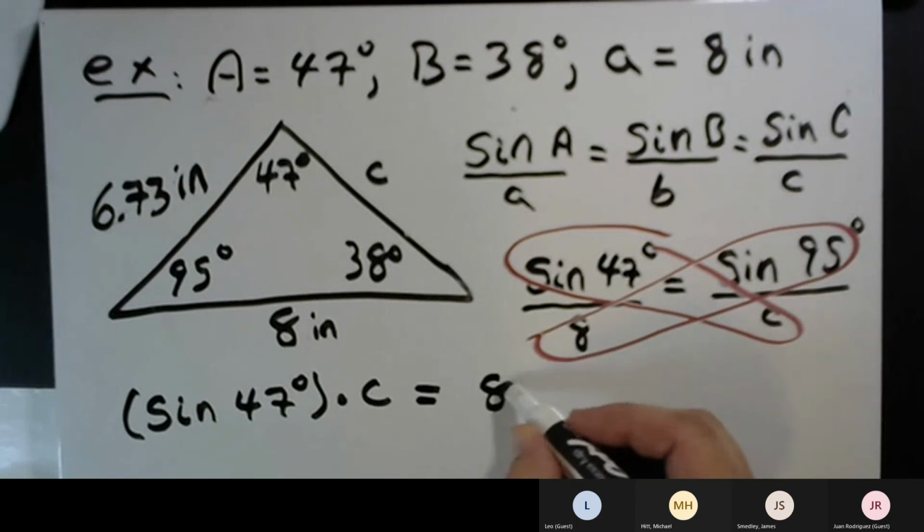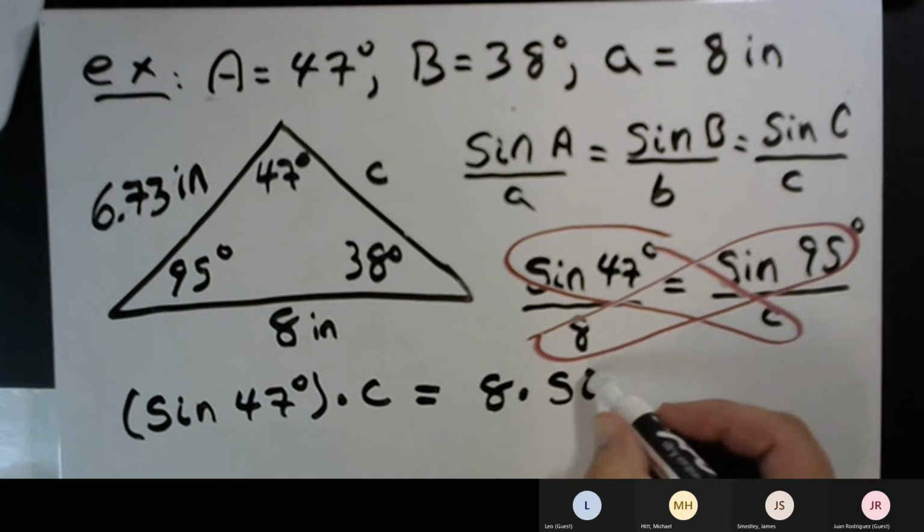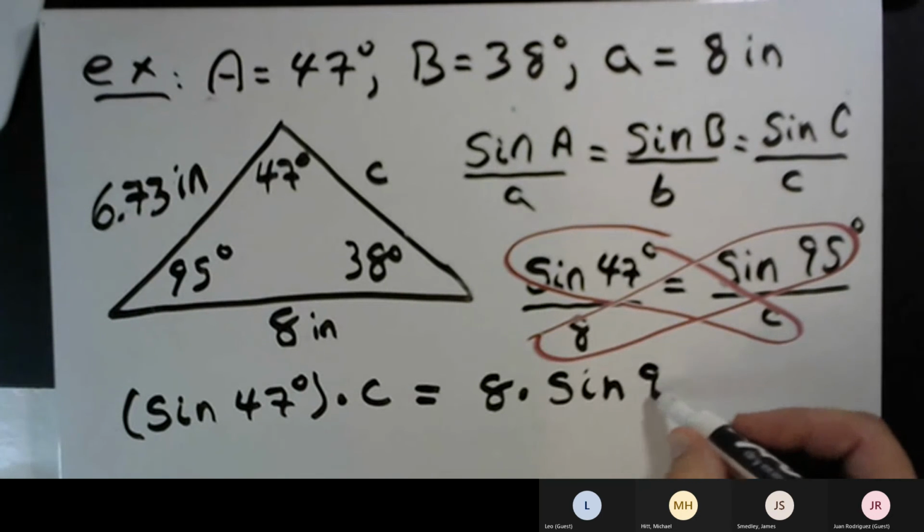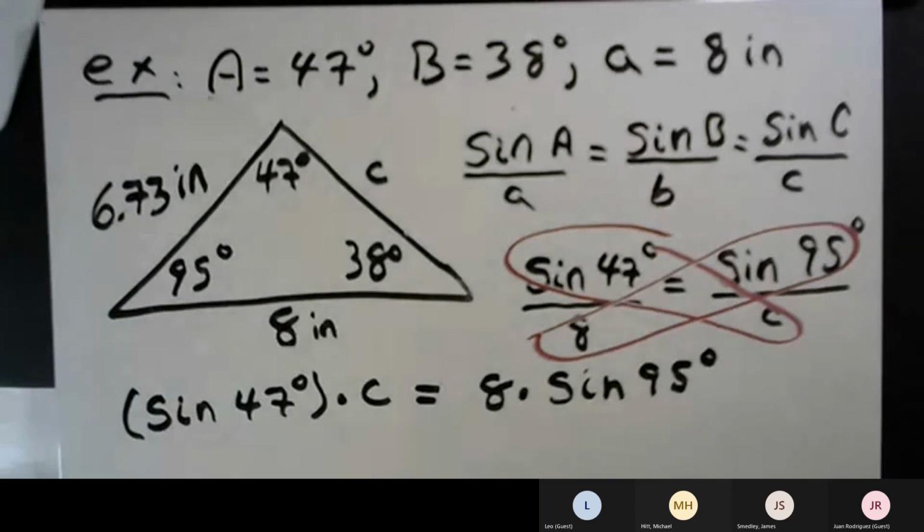This is 8 times the sine 95 degrees. And again, what we're going to do is divide both sides by sine of 47 degrees.